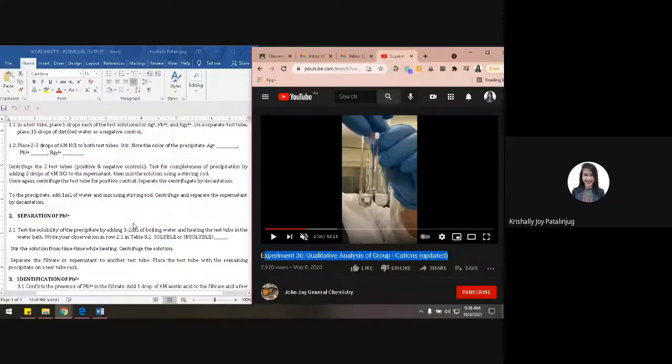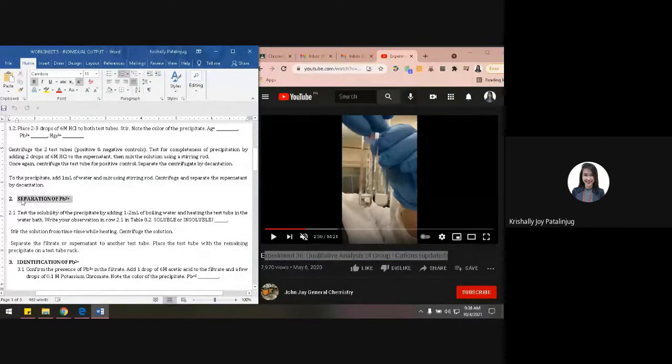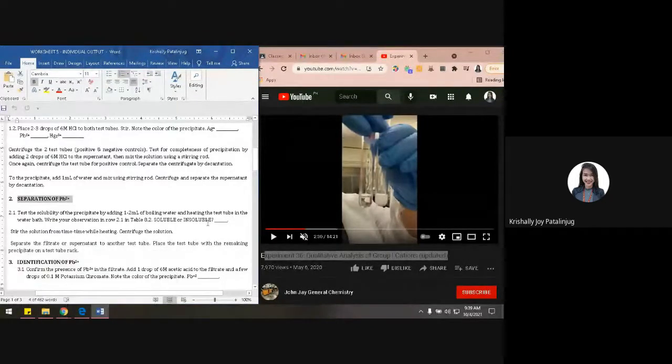Okay, let's proceed. For the second general procedure, ang goal is to separate the lead. I repeat, to separate the lead ion. Okay? Sige. Let's kindly read the 2.1 procedure. Joanne. Is Joanne here?